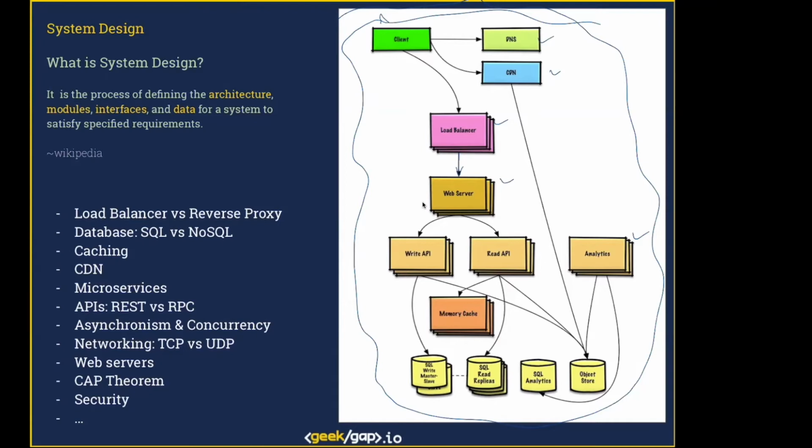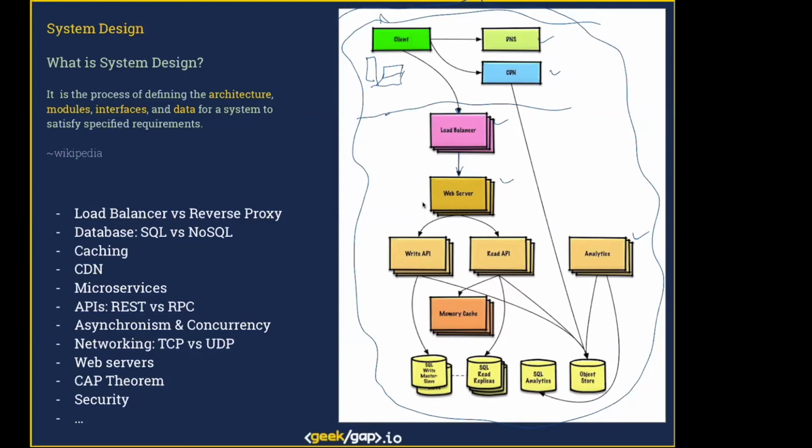So for example, here, let's say we have a client. The client can be your mobile phone or your laptop, and you hit the website. This is the website here. For most websites, your request first goes through what we call a load balancer.